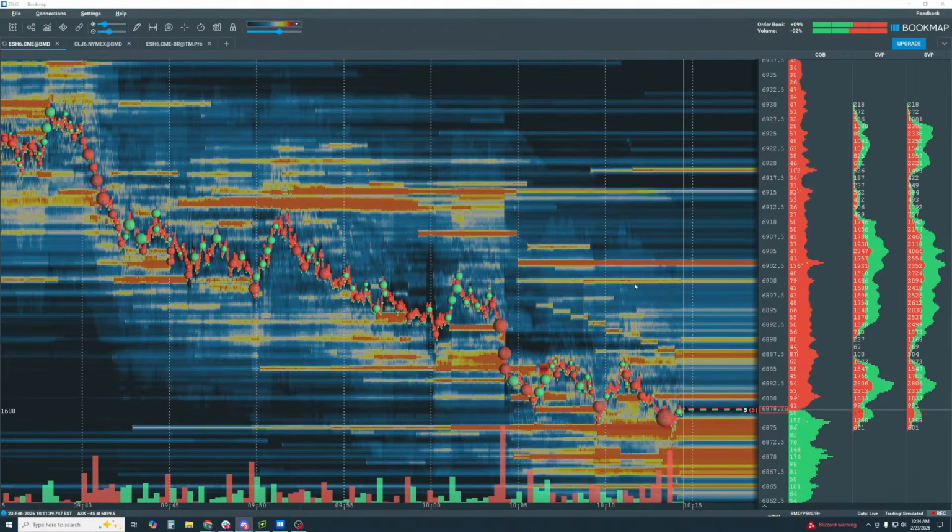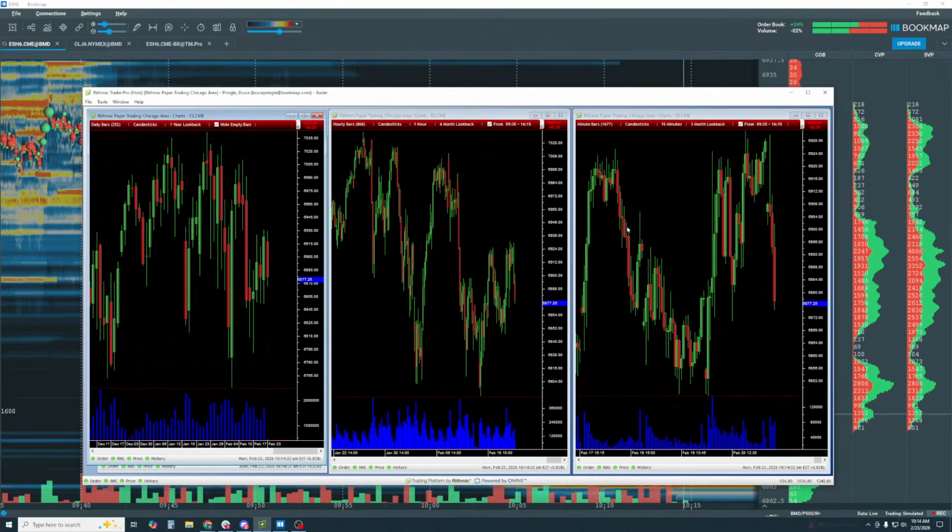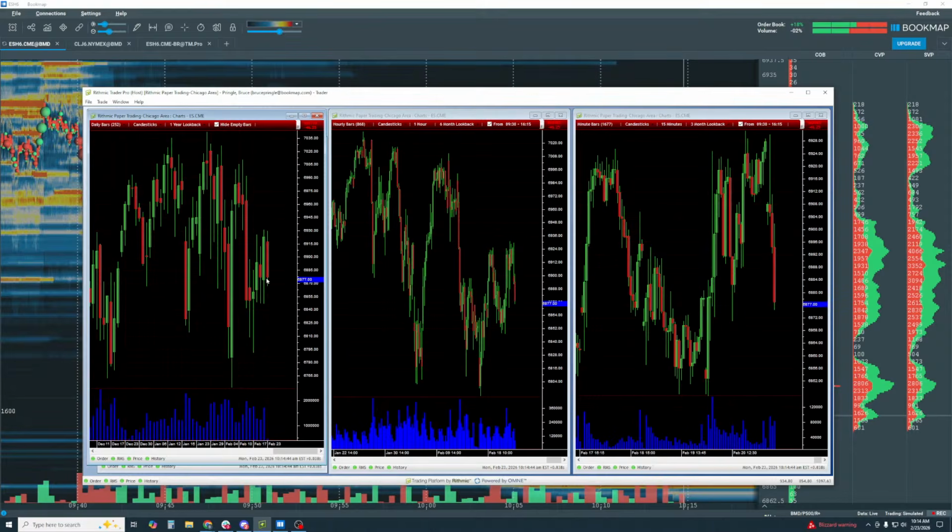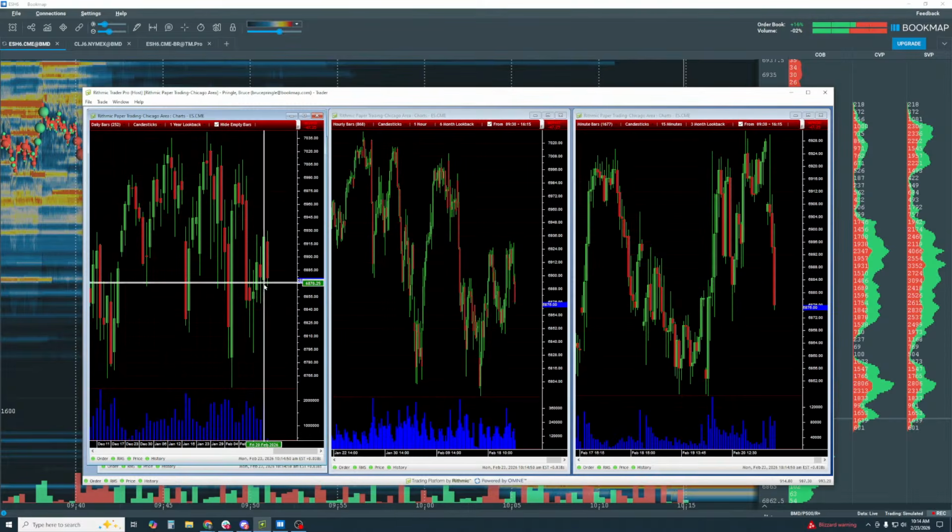All right, so let's take a look at the bigger picture here, and then we'll zoom in and look at Bookmap. On the daily over here on the left-hand chart, you can see all of this back and forth, big moves for months now, and here's today's action. We came back up and retested the high from Friday, and we see the move right back down.